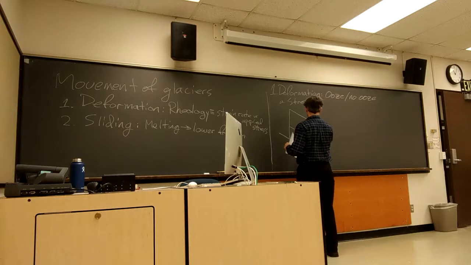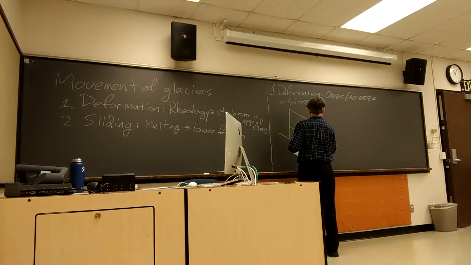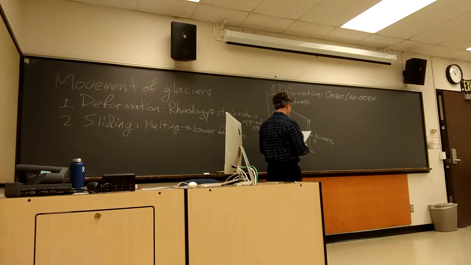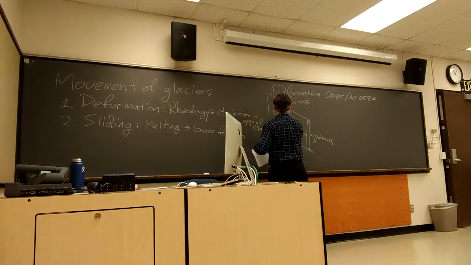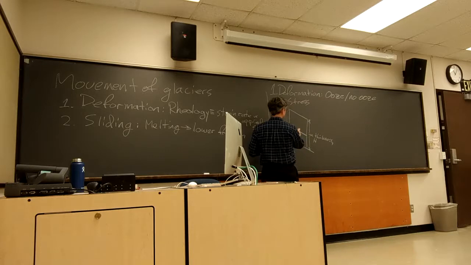If our total ice thickness is this, I'll give that a capital letter H. If our height above the bed is just z, again, we've got total ice thickness.